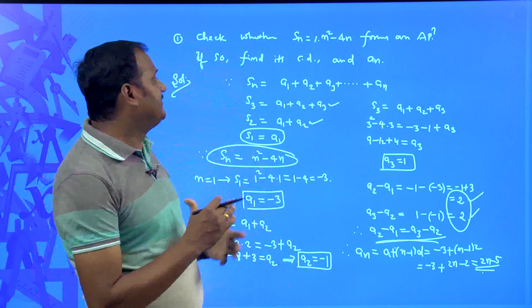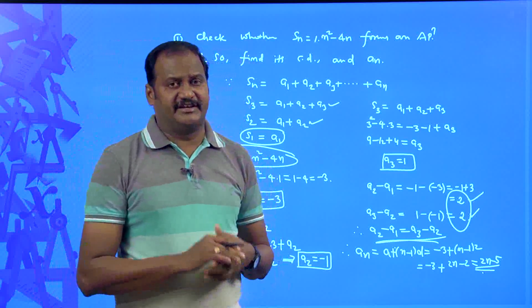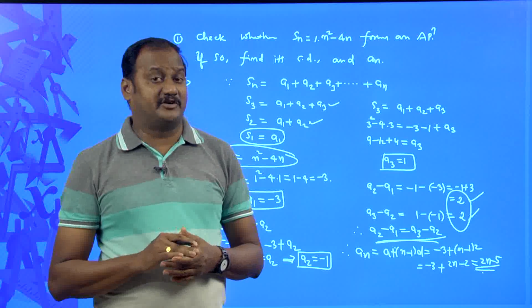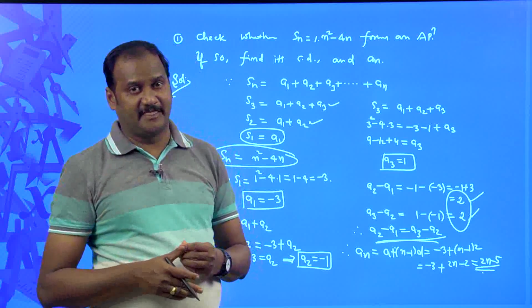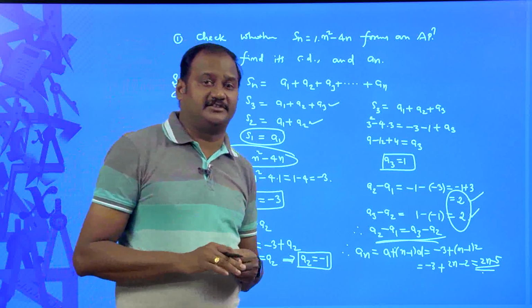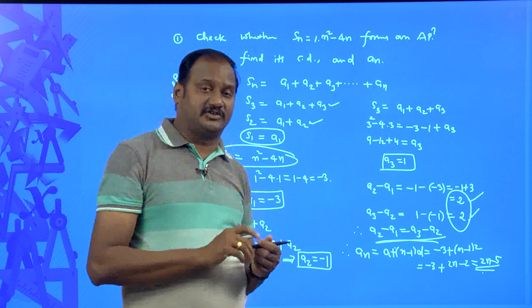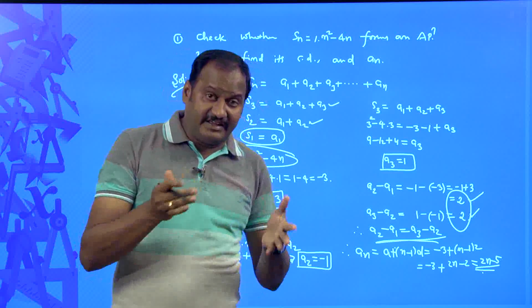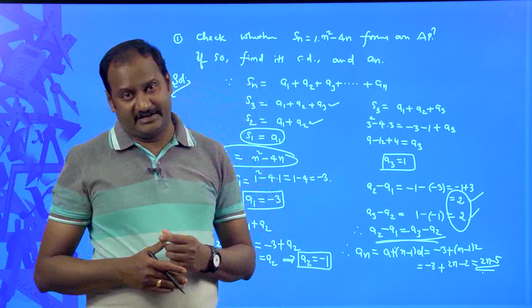Understand, this is the importance of the sum to n terms of an arithmetic progression. It is very easy and very important from the examination point of view as well as in competitive examinations. When you are given the sum to n terms, the very first thing is to check whether it forms an arithmetic progression or not. Every Sn may not be the Sn of an arithmetic progression. Hope you understand.